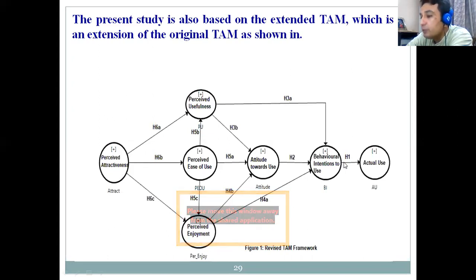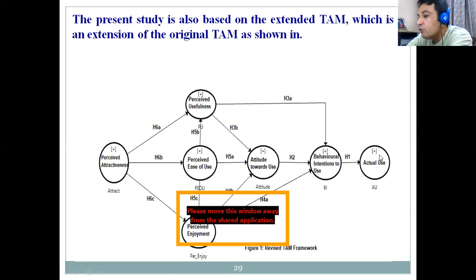The first hypothesis is always the cause and effect you actually want to see. So what is our main dependent variable? This is our main endogenous variable, which is going to be predicted.